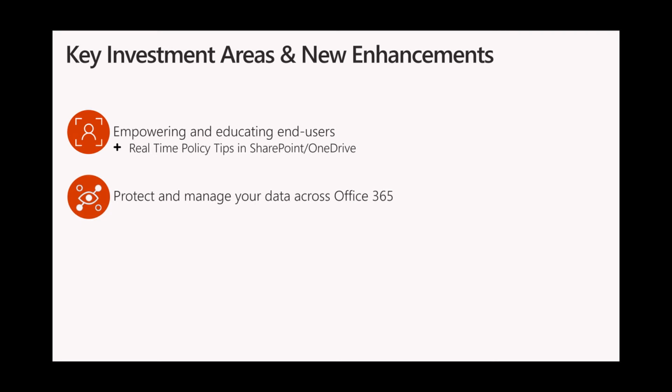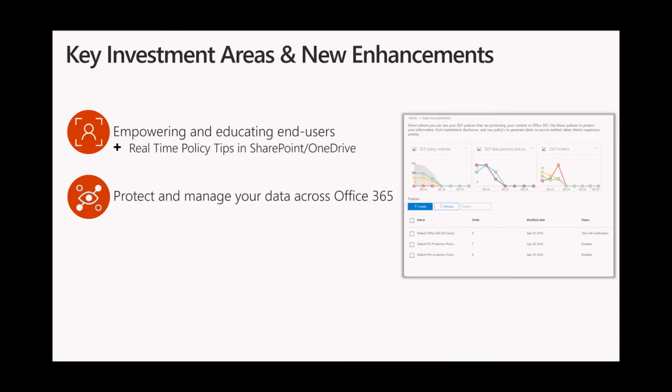In addition to empowering your end users, of course, you need to have those policies that dictate how you're protecting your content and allow you to manage that across Office 365. So what we've delivered is our unified DLP solution, intended to help you protect content wherever it lies in Office 365. Just over the last couple of days, last week, we're launching a new modern version of our management experience, which simplifies configuration, makes things a little bit easier to understand what is the impact of my policies to my organization.